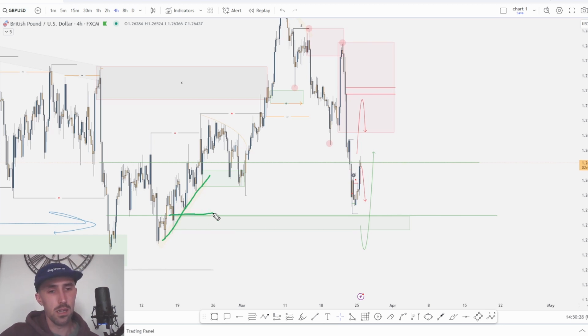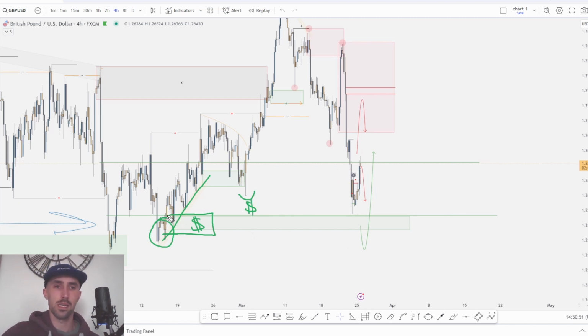But this is the area of relative high volume because this is the origin of the structural creation here. Not to forget, it is pretty much the base of the first move that created the bullish trend within here. And we also have this liquid low acting as liquidity.